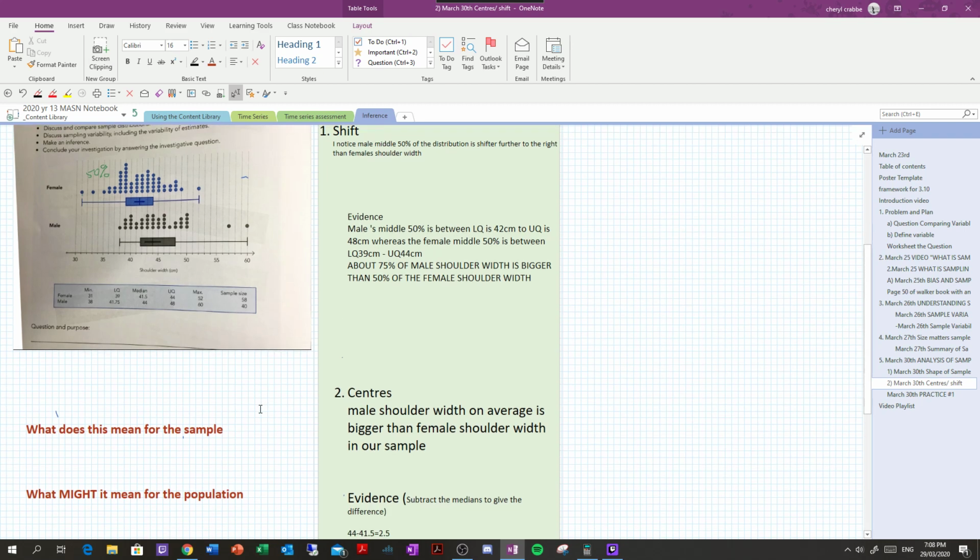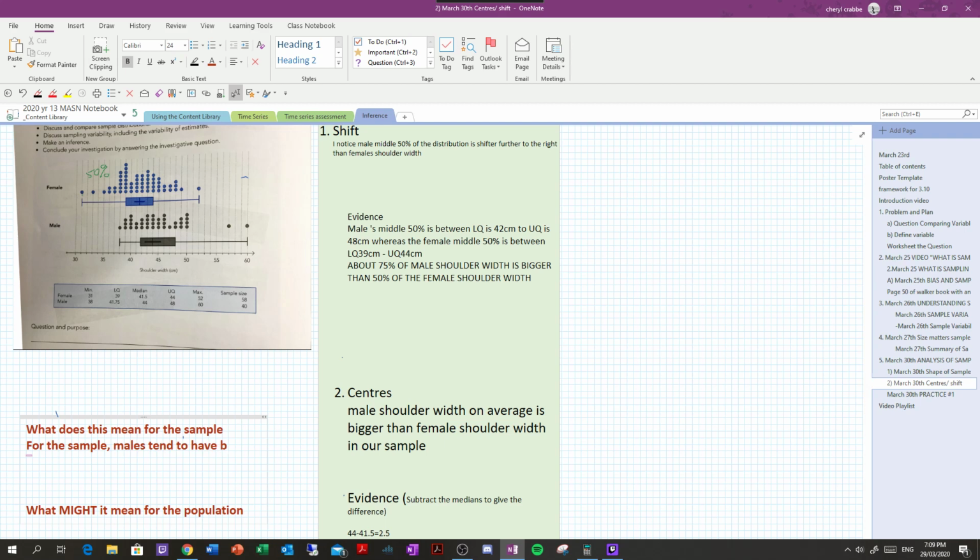So we have to be very tentative about what all this means. What does it mean for the sample? Well, it basically seems to mean that for the sample, males tend to have bigger shoulders, or wider shoulders, if you will.